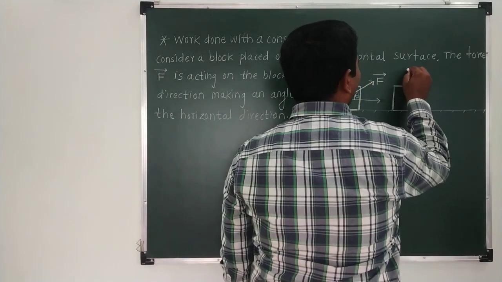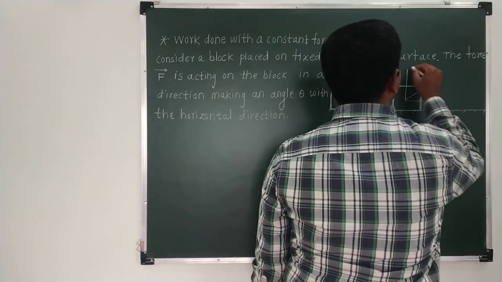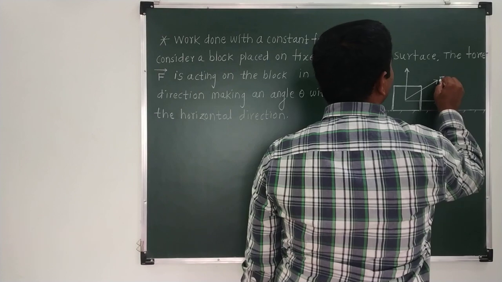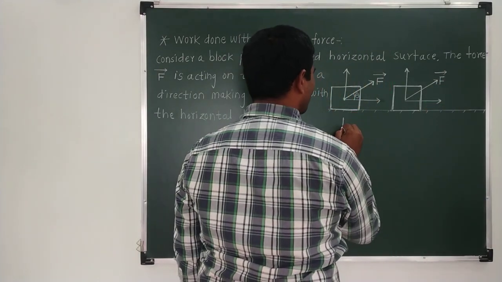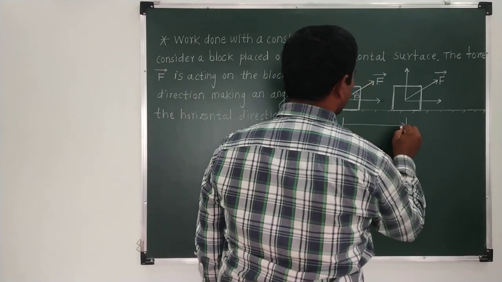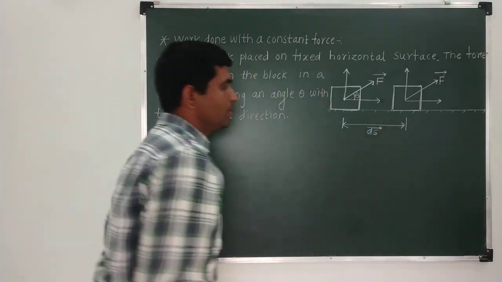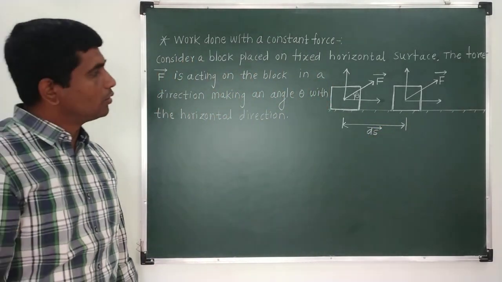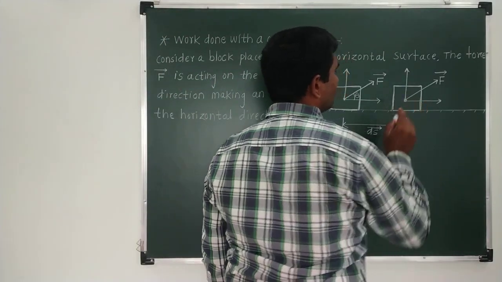The block position which I am showing over here will be like this. As the block is moves from this point to this point, let us say this displacement is ds bar. Now we have to calculate the work done for this one.